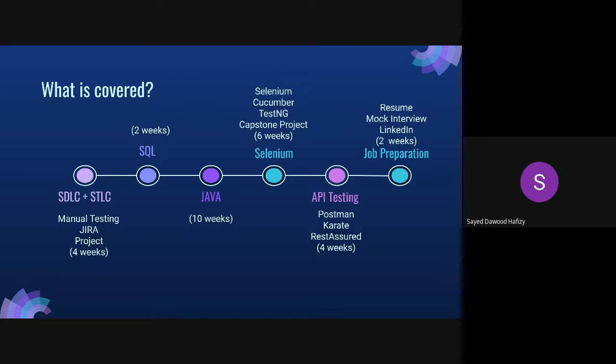This is approximately 2 weeks, and then once we feel that you're confident and ready, you can start applying for jobs, and hopefully you will get a well-paid job that Noor was talking about. So this is all about the roadmap to SDET and automation test engineering.